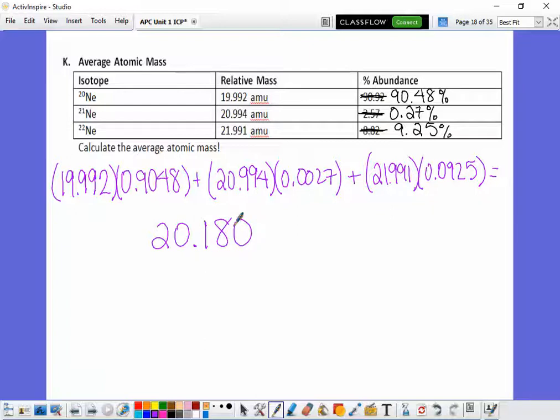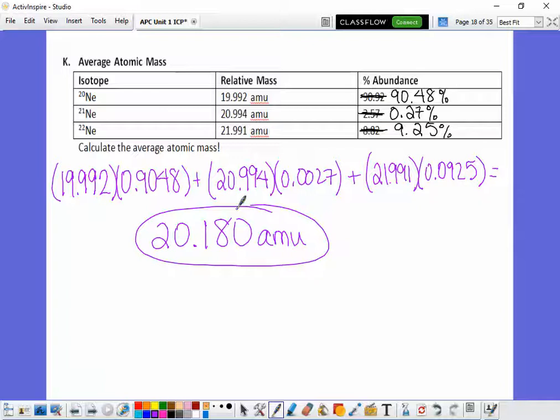All right, what's our unit? AMU. If you got a little bit slightly off of that, you might have just typed a number wrong earlier on. Maybe you did 922 instead of 992 in the first relative mass or something. But you understand the process, right?